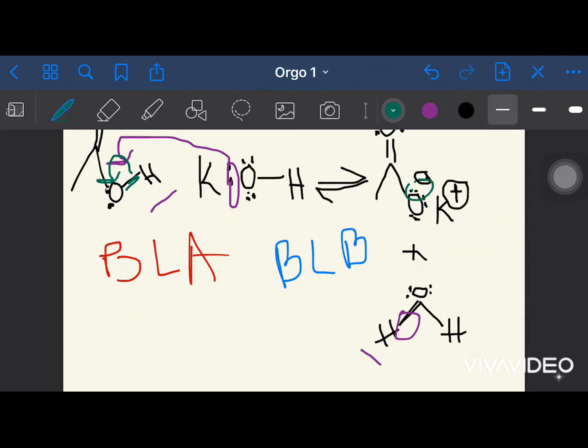Next, we will be identifying the conjugate acid and the conjugate base. Now that the Brønsted-Lowry base was the potassium hydroxide, the conjugate acid pertaining to the base will be the water molecule.